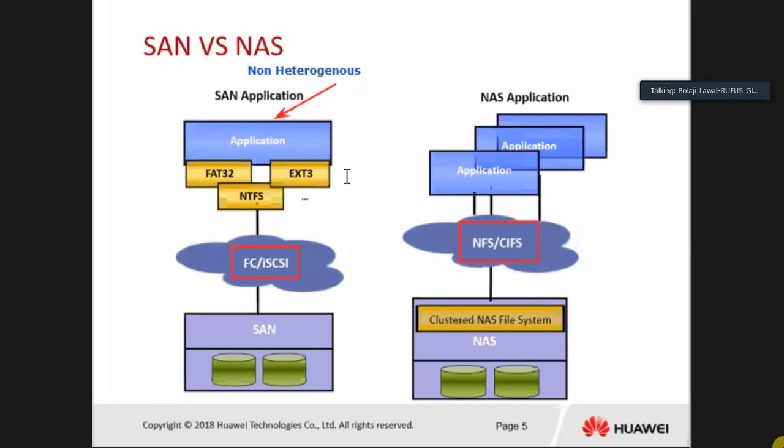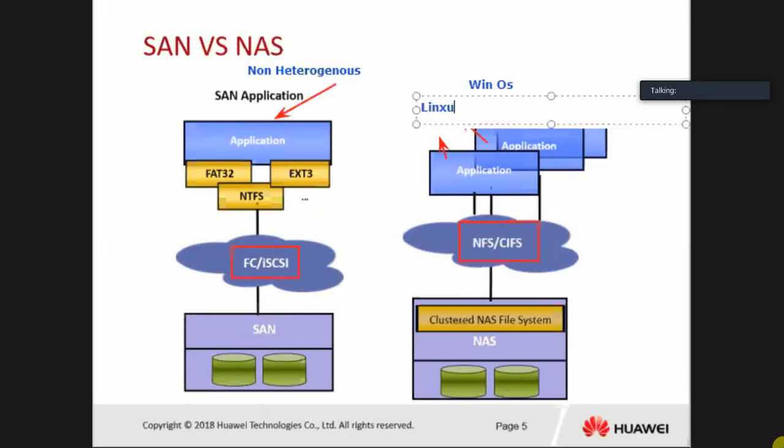So let's continue. This one supports heterogeneous. This is application one, application two, and application three. I said yesterday that each is running on a different OS, by way of recap: Windows OS, Linux, then Ubuntu.